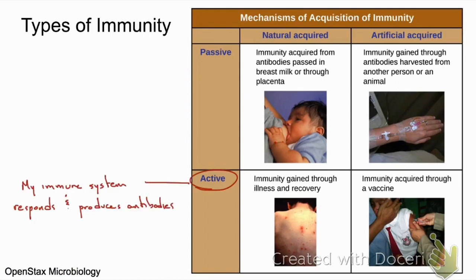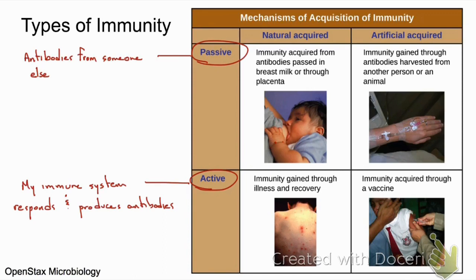Really, what we say here is that in active immunity, my immune system or your immune system is generating a response, producing antibodies, and producing memory B and T cells. However, in passive immunity, we're receiving immune response, or typically antibodies, from somebody else. For example, in naturally acquired passive immunity, a baby receives antibodies through mother's milk, and this is actually quite common.